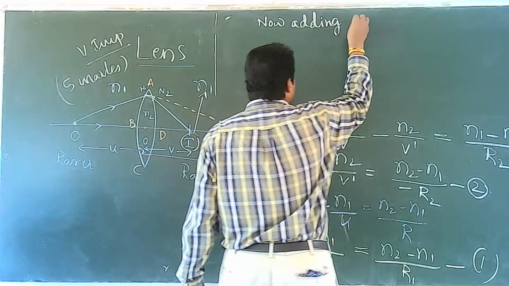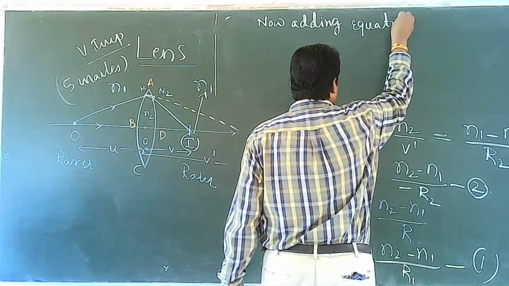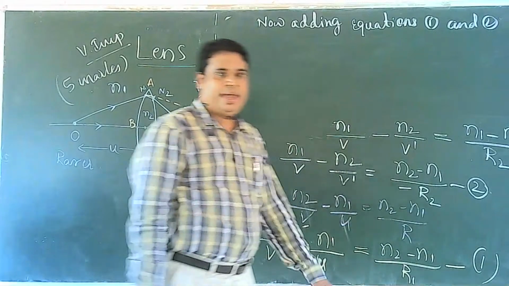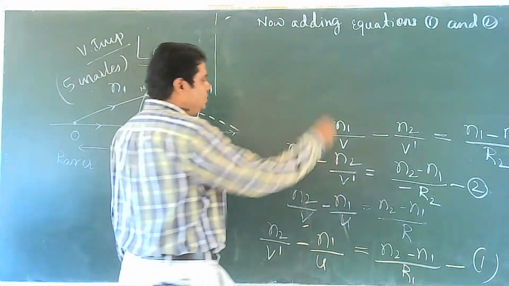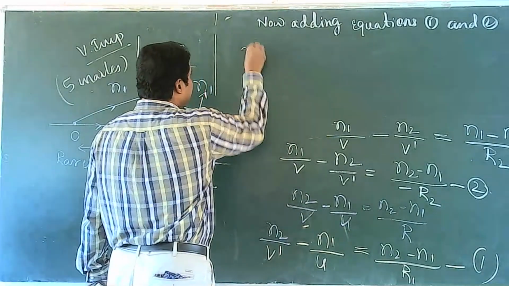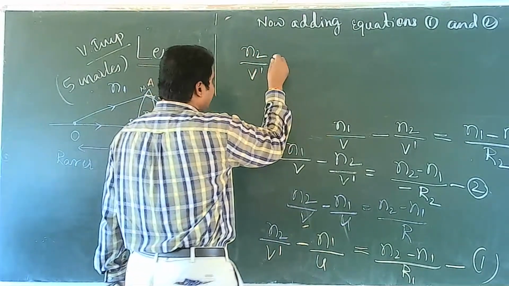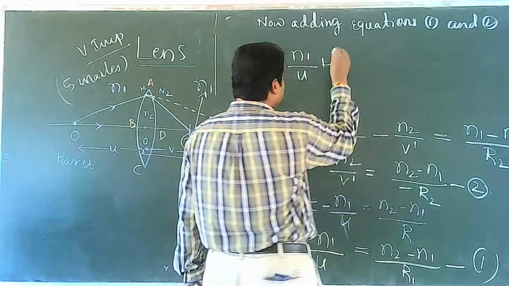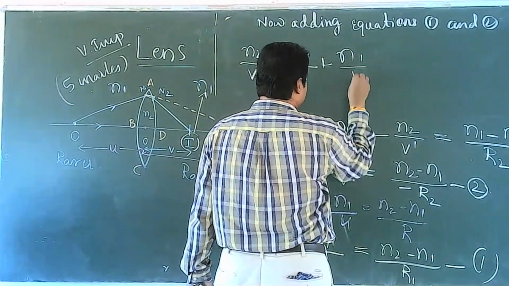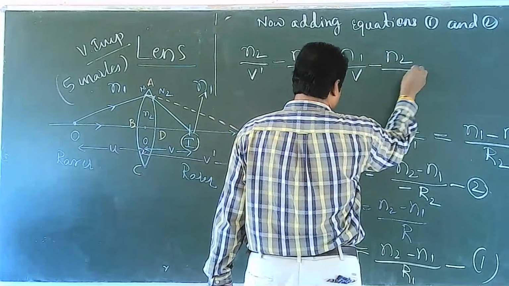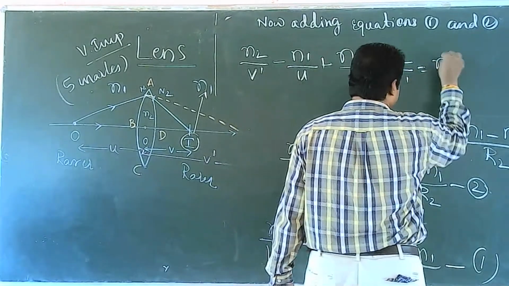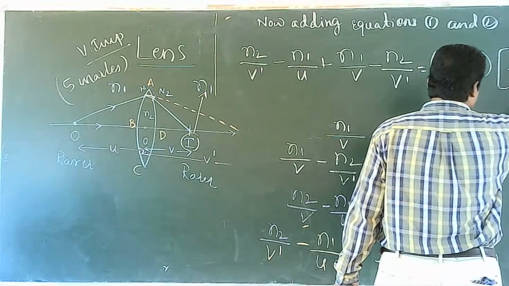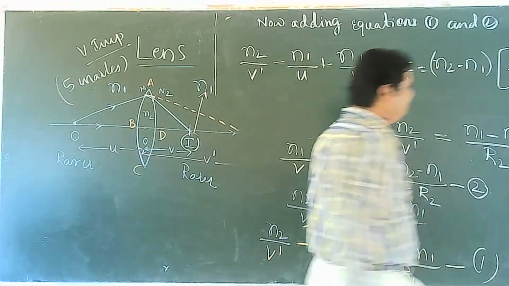Adding equations 1 and 2. Equation 1 is n2 by v dash minus n1 by u, plus n1 by v minus n2 by v dash is equal to n2 minus n1 into the bracket 1 by r1 minus 1 by r2.